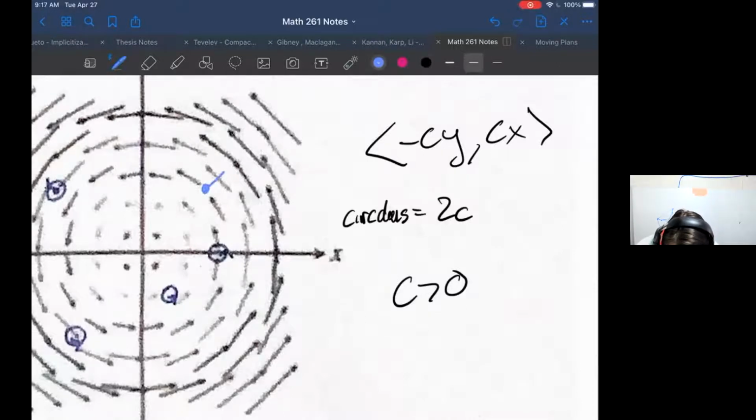If I draw my spokes out again, we see that on the outside, we have a greater force pushing against it than on the inside. So that's going to start pushing this in a counterclockwise direction and start rotating it as it's moving around in this vector field. So it's going to have this counterclockwise motion to it.